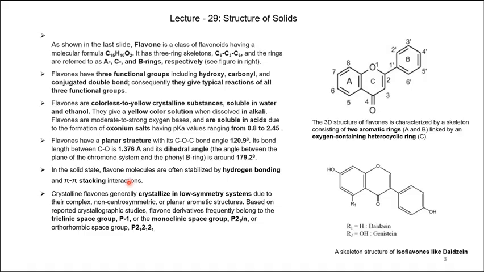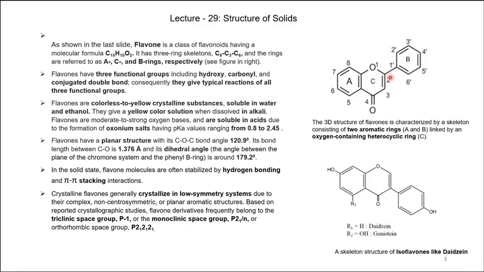So these are the 3 space groups in which flavonoids could crystallize. Now this is the skeleton structure of flavonoids. Look, this is the C6 ring, and this is a C6 ring, and then a C3 ring is attached here.